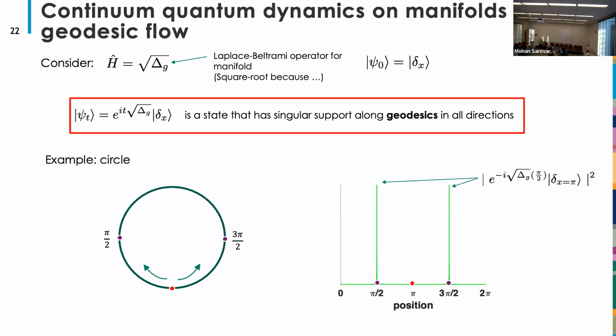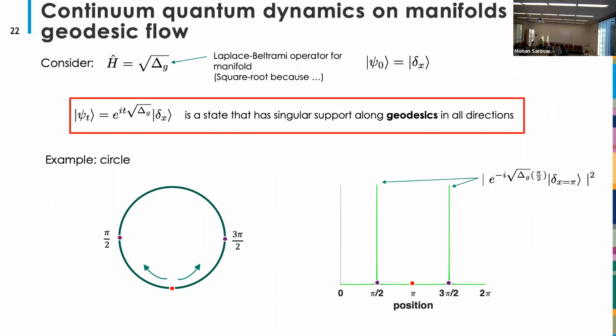What do I mean by that? Let's look at a quick example. This is a circle. This is my starting point, my delta in position, at pi on the circle, and I'm going to propagate it. If I look at the mod squared of psi t, the propagated state, it has delta functions at pi on 2 and 3 pi on 2 when I propagate for a time pi on 2.